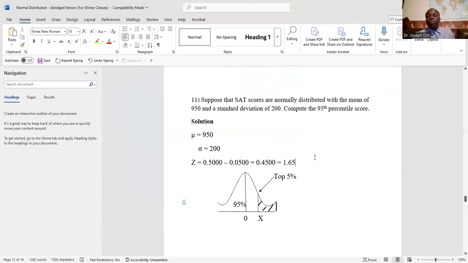With this, you can now estimate the 95th percentile. Once you have the Z, you just plug it into this formula.